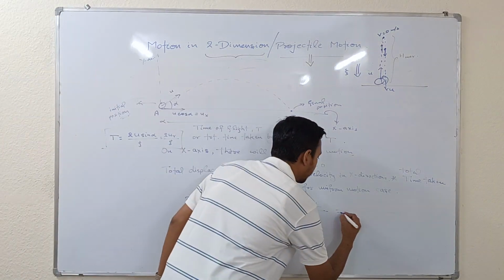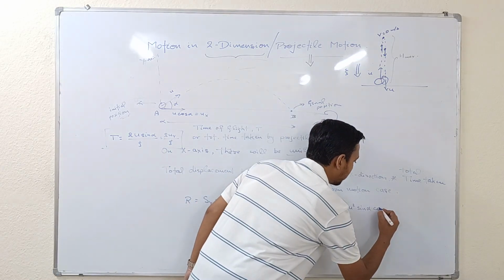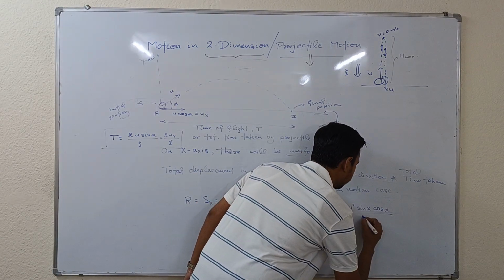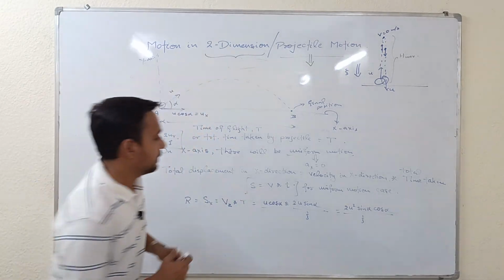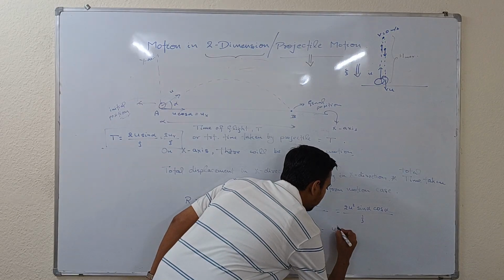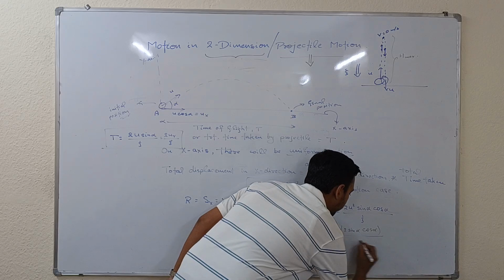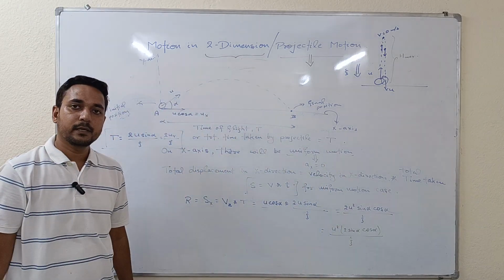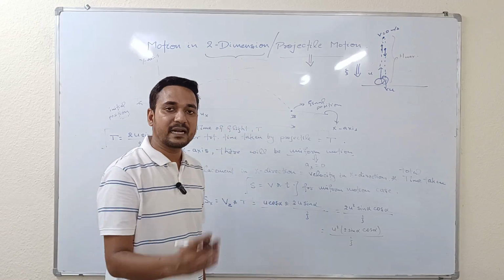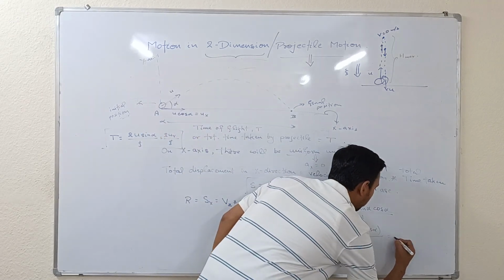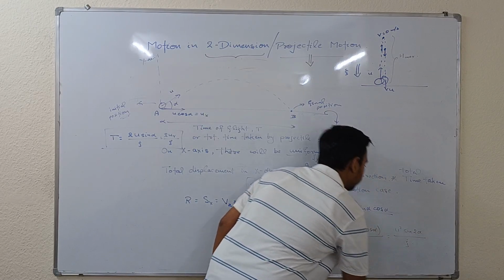So overall I can write 2u square sine alpha cos alpha divided by g. I can rewrite it as u square times 2 sine alpha cos alpha divided by g. We know that 2 sine alpha cos alpha is equal to sine 2 alpha. So u square sine 2 alpha by g.